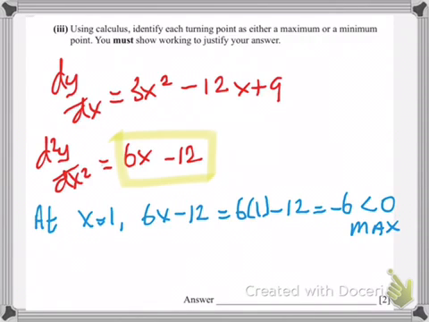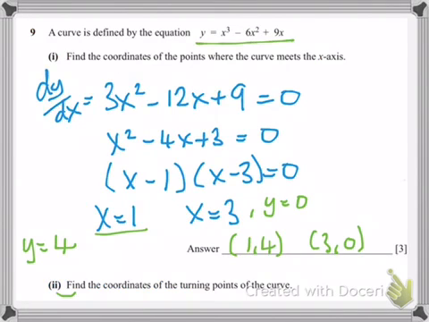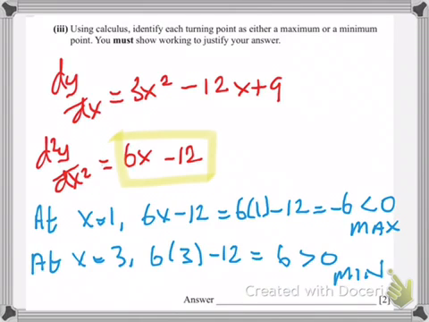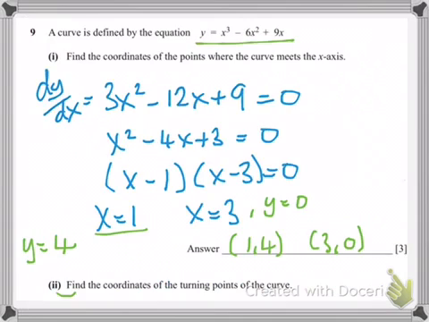Okay, and at x equal to 3, we've got 6 times 3 minus 12, which is 18 take away 12, which is 6, which is greater than 0, so it's a minimum. So we know that that is the minimum and that is the maximum.